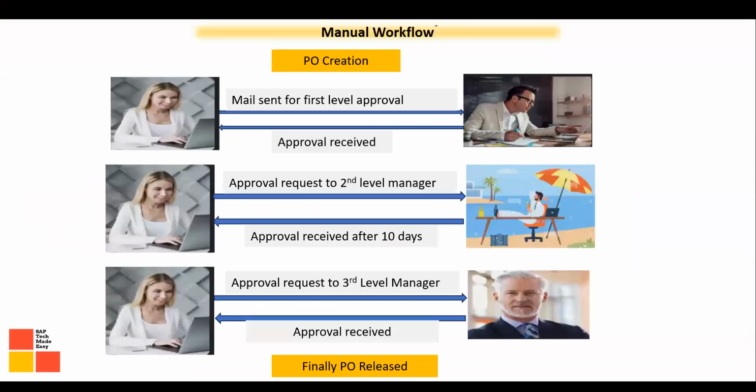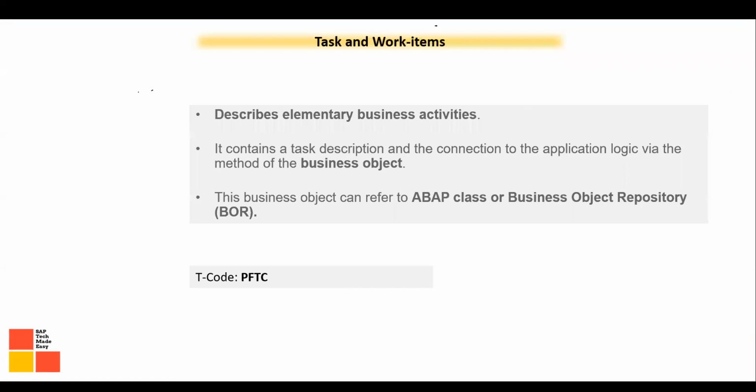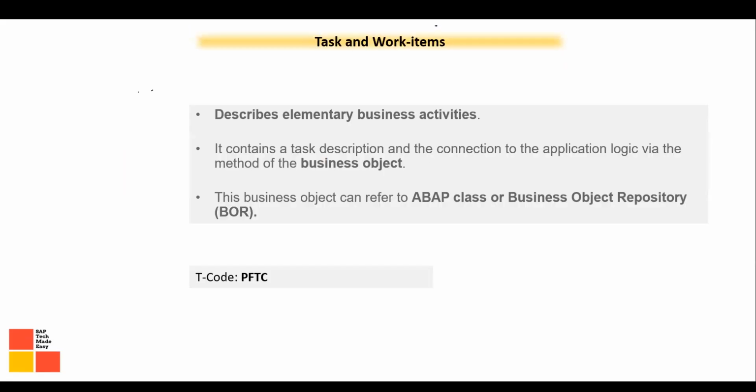Just quickly taking you through the slides over here. Definition part, one example illustrated with the help of a photo, and this is what is task and work item, and transaction. To create the task or display the task, we have the transaction called PFTC.